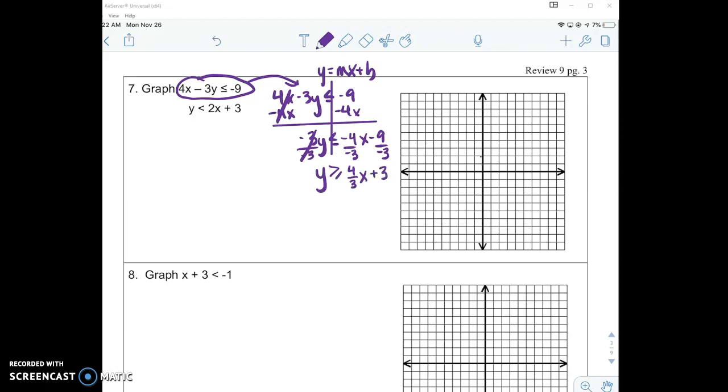So my y-intercept is positive 3. And I have a slope of 4 over 3. So I'm going up 4 over 3, and back the other direction. Greater than or equal to, this is a solid line.